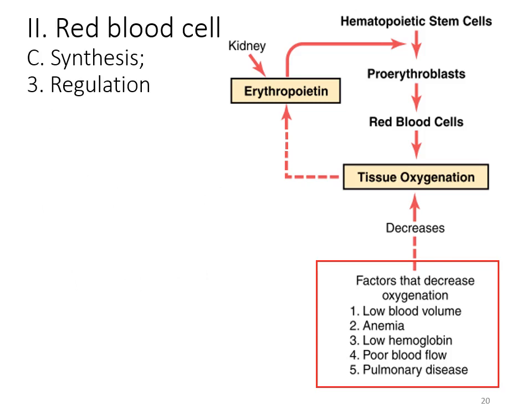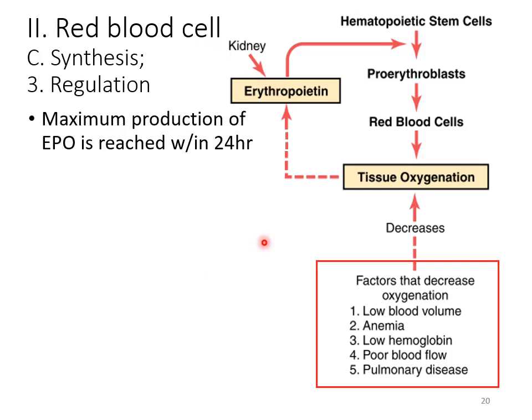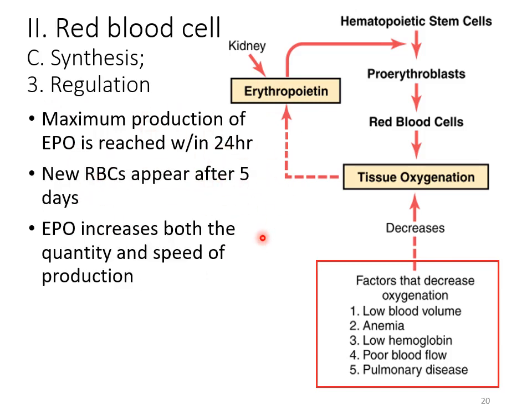Once you stimulate the kidney to produce erythropoietin, the maximum production is reached within 24 hours and new RBCs will appear after 5 days. And EPO increases both the quantity and the speed of production, so it has a large effect on the production of your red blood cells.